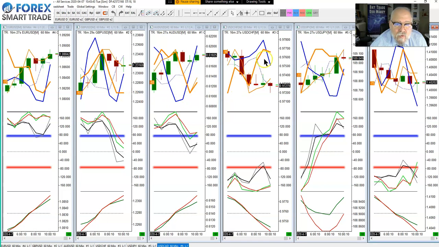Likewise, when it gets up to 0, it is telling us that we don't believe there's any more up in the move. So when there's no more up in the move, that's a sell signal. When there's no more down in the move, there's a buy signal.